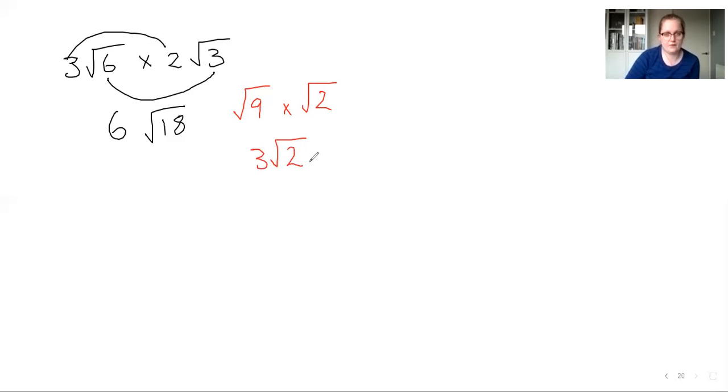Now, the answer is not 3 root 2 because we have to remember we've got this integer here and this one. So same as before, when we multiply them up here, we're going to multiply them again here. So we're going to do 6 multiplied by 3, which would give us 18 root 2.